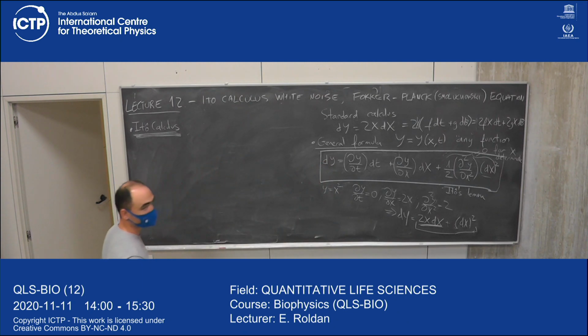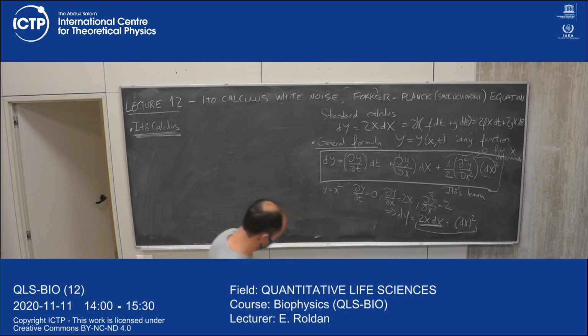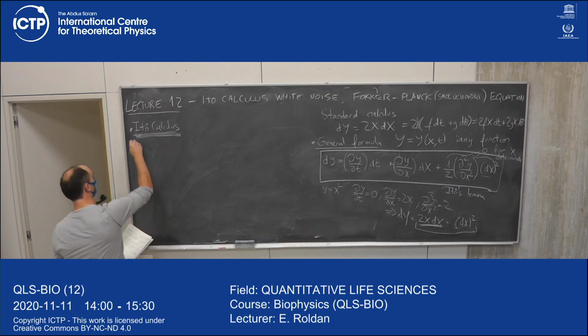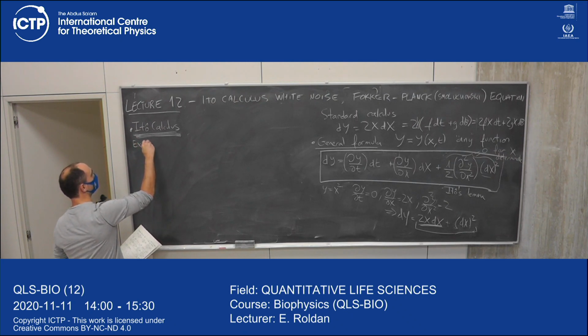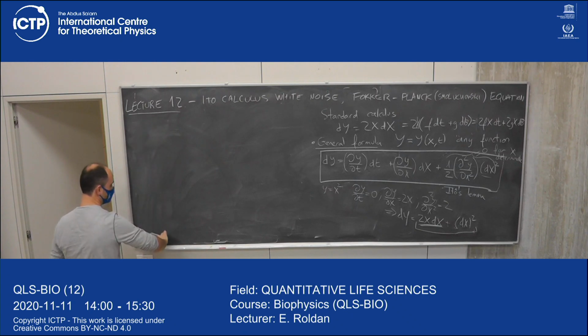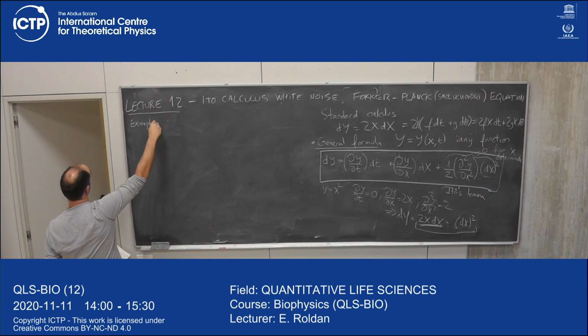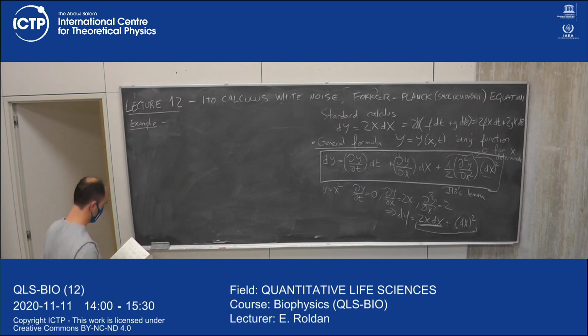Actually, people use this a lot in finance to make calculations, stock options, etc. So not only in physics and biology, but also finance. Another example that I think is interesting. It's a bit academic, but we'll get better ones when we go into the biological examples.